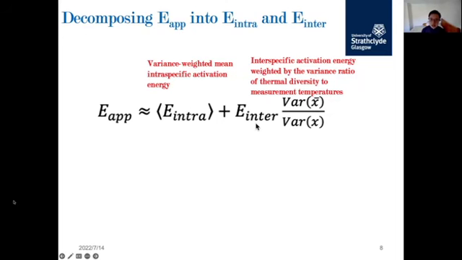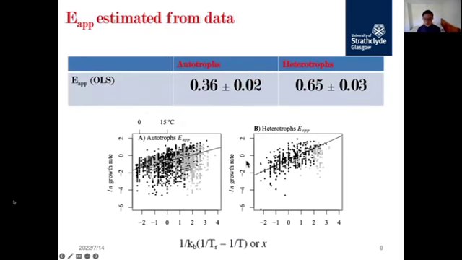The interspecific activation energy is weighted by the variance ratio of the thermal diversity, which is the variance of the average temperature of each species relative to the overall variance of the measured temperature. This is really the key equation in the study. With this equation and theoretical framework, it is relatively easy to decompose the apparent activation energy.